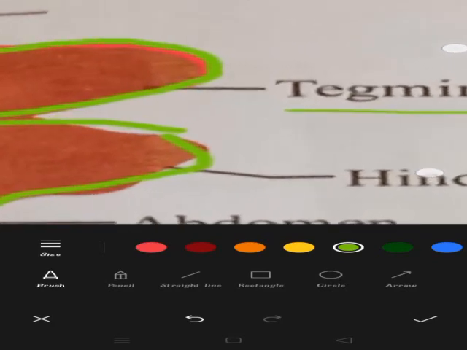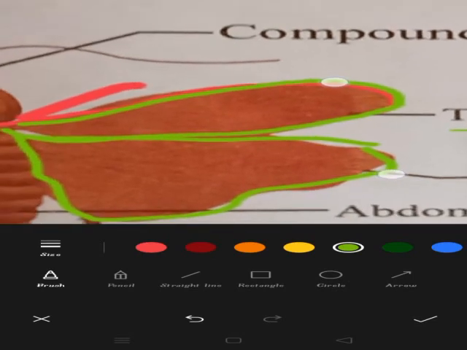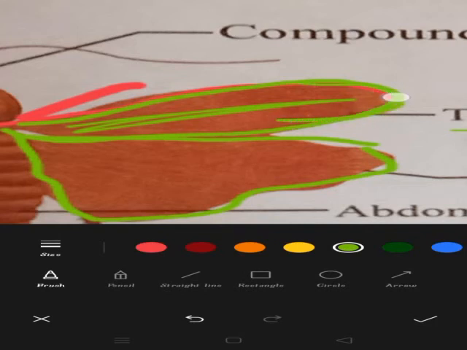They are very thick, leathery, dark colored structures, and they are narrow at the end.